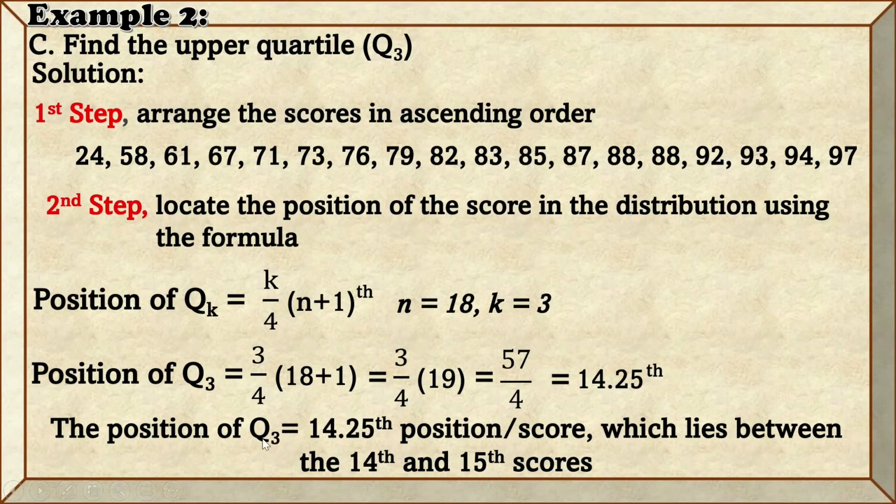The position of the third quartile is the 14.25th position or score, which lies between the 14th and 15th scores. The 14th and 15th scores here are 88 and 92. Since the result is a decimal number, interpolation is needed.